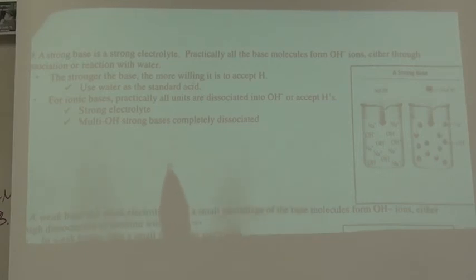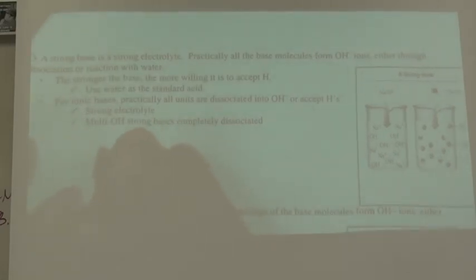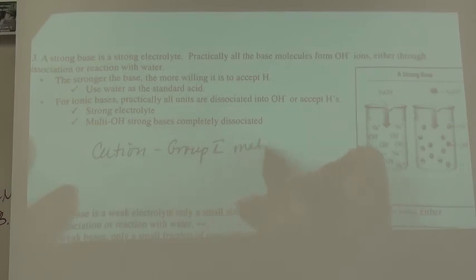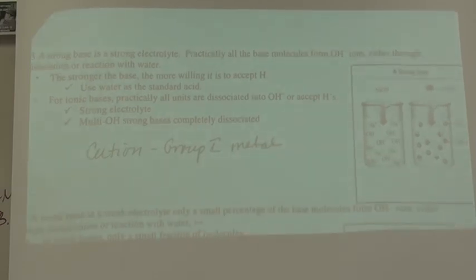Okay. Now, how do you know if it's strong or weak? For AP purposes, a strong base is any base that contains the cation from a group 1 metal. Everything else is weak.